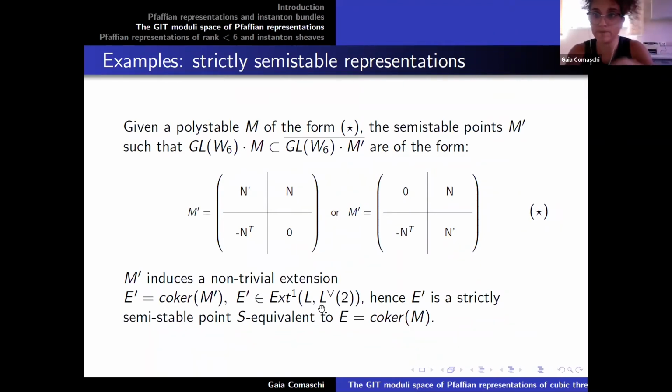So the polystable one defines a trivial extension, a direct sum of two Ulrich sheaves, so a polystable matrix, polystable sheaf. Every matrix whose orbit closure contains the polystable one defines a non-trivial extension, hence another sheaf that will define the same point in the moduli space of sheaves.